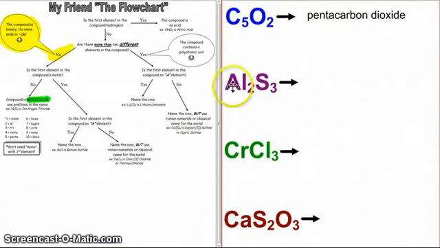Let's look at this one, Al2S3. Is the first element hydrogen? No, so we're going this way. Compound is binary, name ends in "ide." Is the first element a metal? Aluminum, yes, is a metal. Aluminum cans. So now we get to, do we have an A element? So I have to check my super friendly ion card.